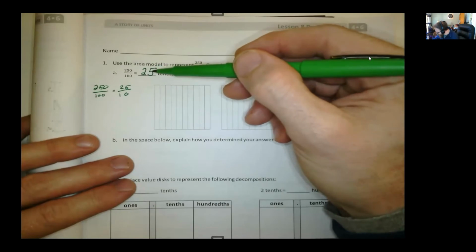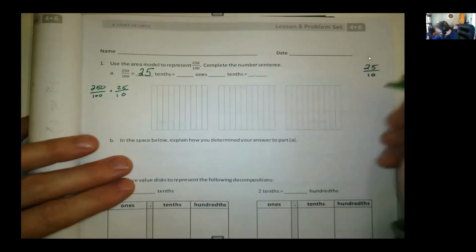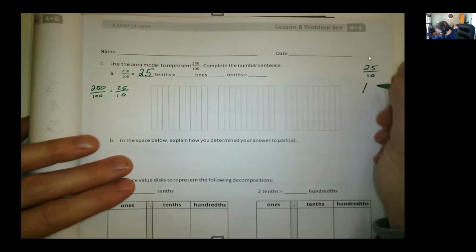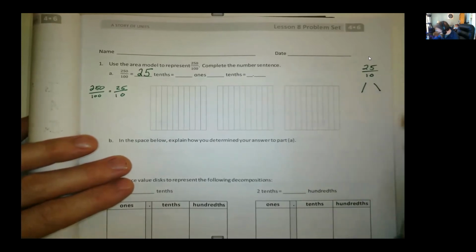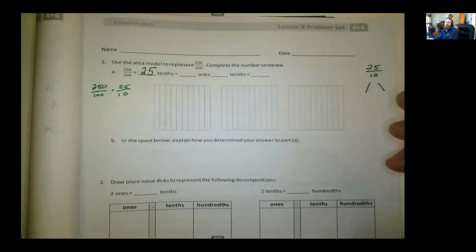If we are talking about tenths, we can separate 25 tenths out into wholes and tenths using a number bond. For every 10 in our numerator, we have 1 whole, right?